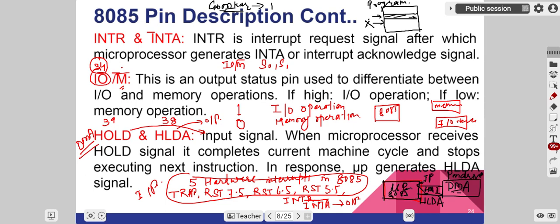How many hardware interrupts are available in the 8085 microprocessor?